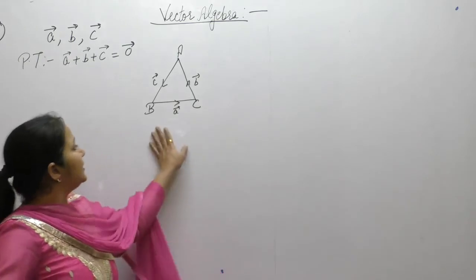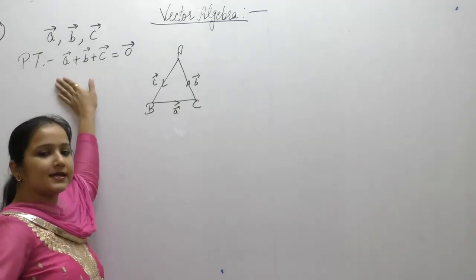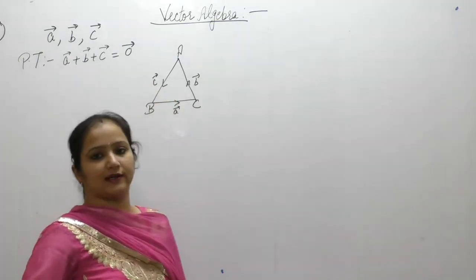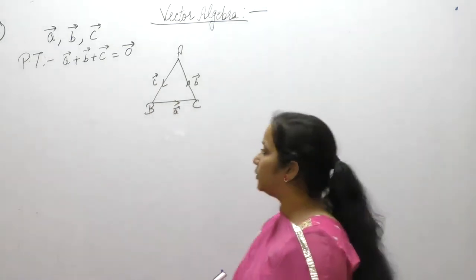We have to prove that the sum of A, B and C vectors is equal to 0 vector.